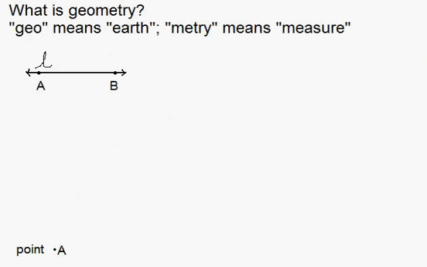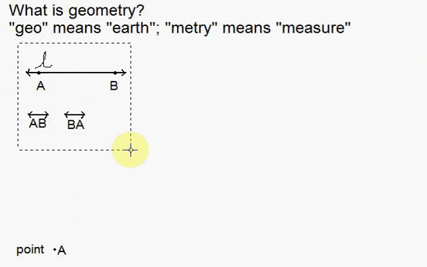When we're doing our lessons, we will call it line AB. It can also be called line BA. It doesn't matter, you can call it AB or you can call it BA. So that's a line with no width but infinite length.